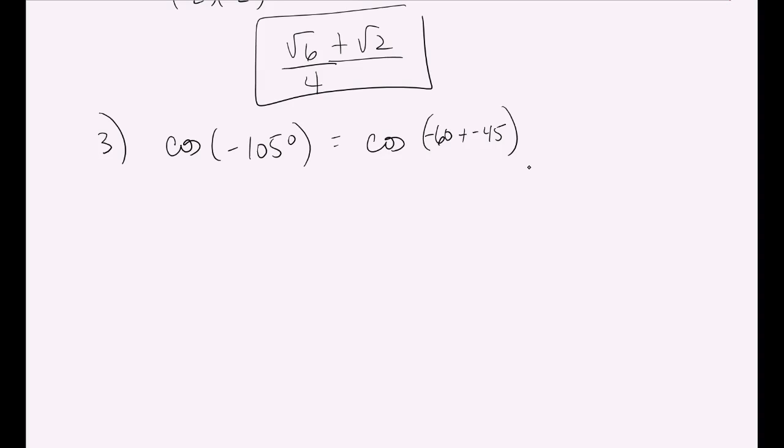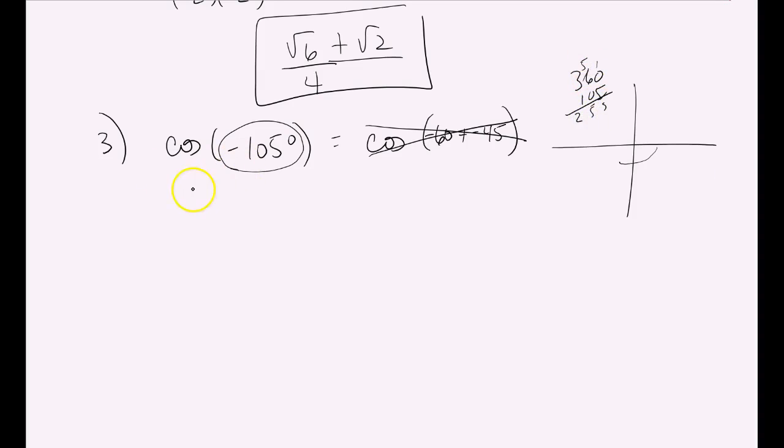You know what I'm going to do? I'm actually going to not do that. I'm going to figure out where this is on the circle and write it as its positive counterpart. So negative 105 would be about right there because that's negative 90, negative 105. So if I take 360 from 105, I'm actually getting 255.